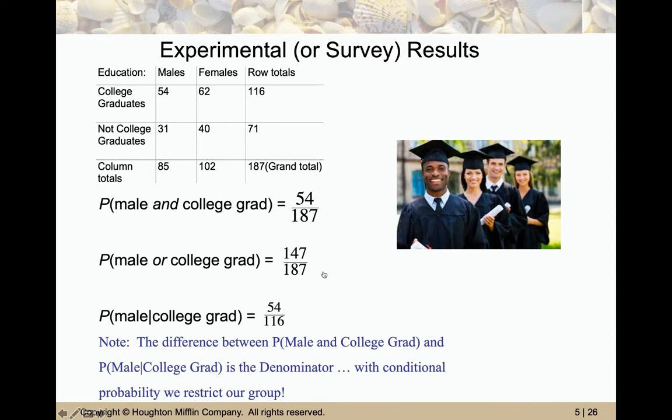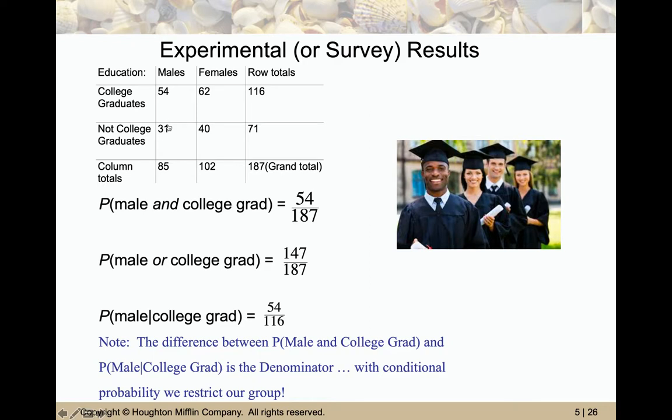Experimental or survey results are so important for you to be able to read and understand. So here we've got a two-way table or contingency table where we've got a group of people. There were 187 people, and some were males, some were females, some were college graduates, and some were not. Okay, so here we have 54 males who are college graduates.